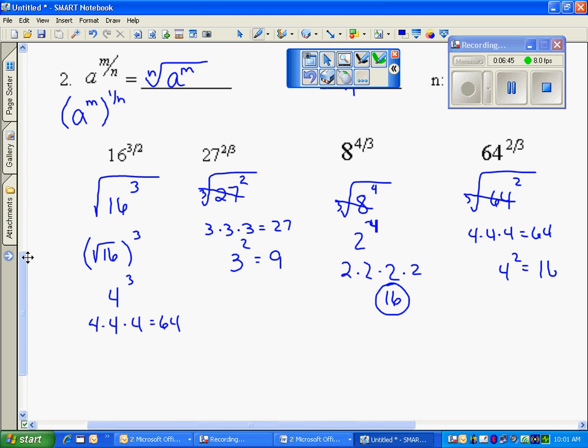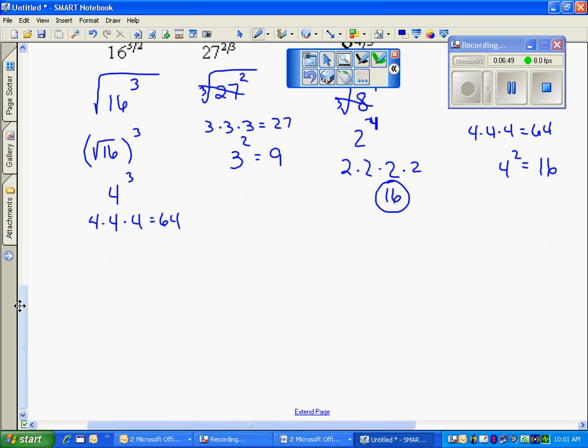So what would happen if these exponents actually would simplify? For example, if I had 8 to the 4/4, that would be asking me to take the 4th root of 8, raise it to the 4th power. Well, that's just going to be equal to 8.